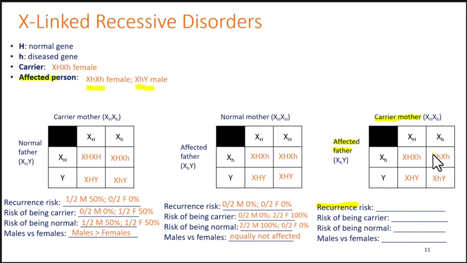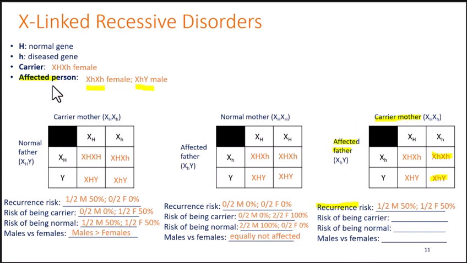So for females, we can see this. For males, we can see this. So it's a 1 of 2 chance, or a 50% risk for both males and females to actually inherit the disease if their dad is affected, the father's affected, and the mother is a carrier.